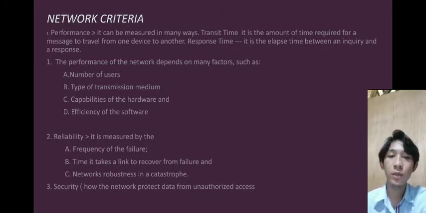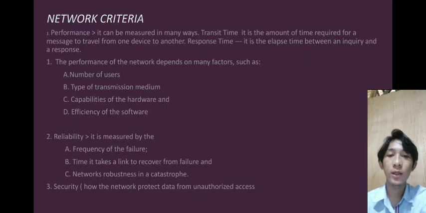If there are many users, the performance will be slow. The type of transmission medium. It will depend on the medium that you're going to use, if it's fast or slow, capabilities of the hardware, and efficiency of the software.